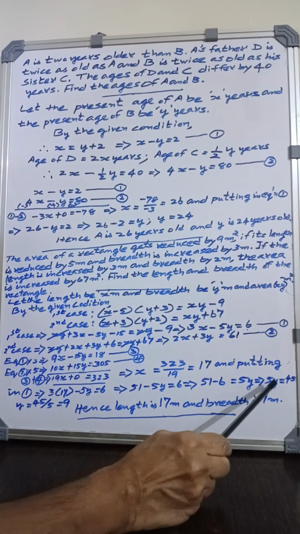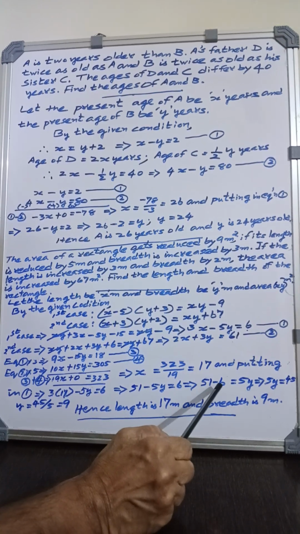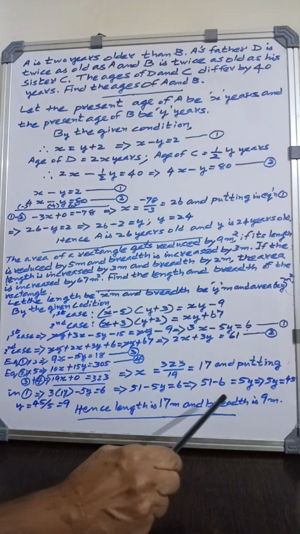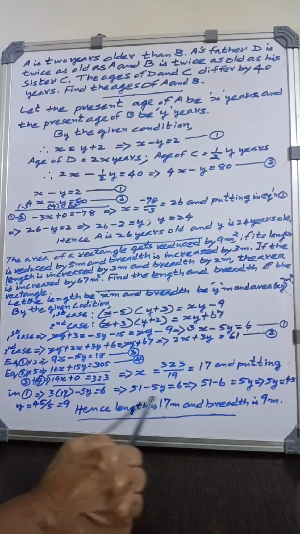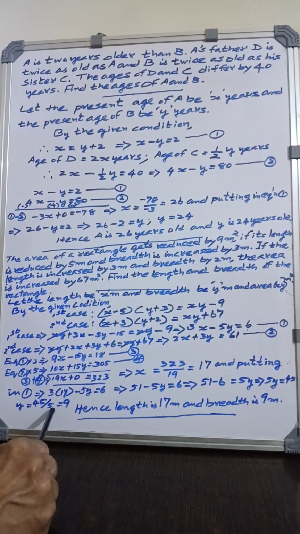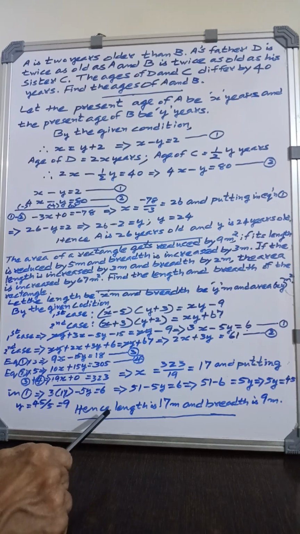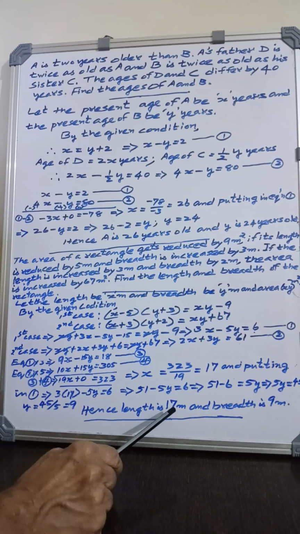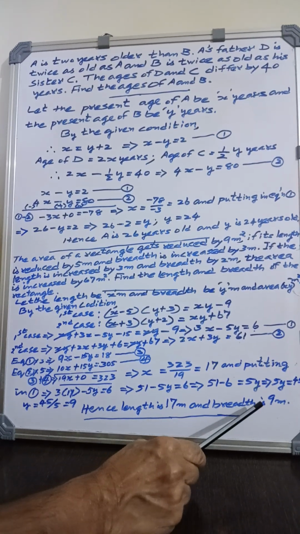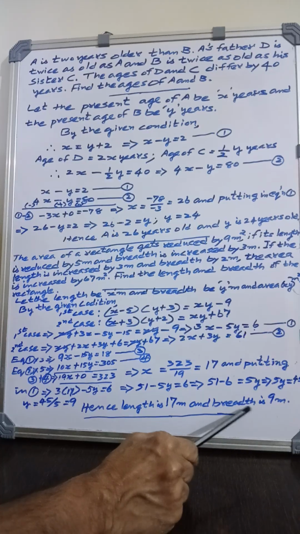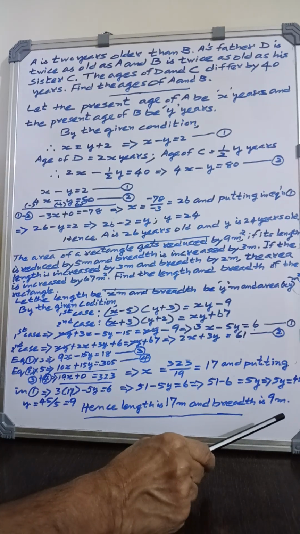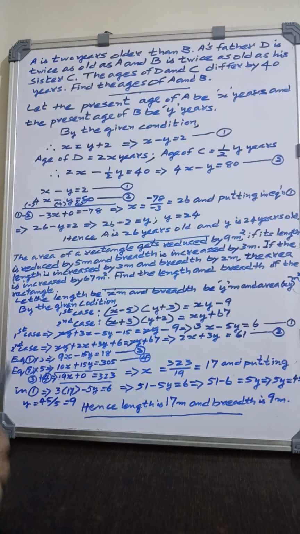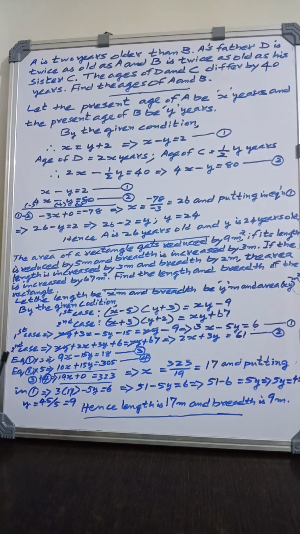That is 5y equals 51 minus 6, 45. And y equals 45 by 5, 9. Hence, we get x is 17, that is length is 17, and y is 9, that is breadth is 9. Here we concluded the question. We can meet in the next video.